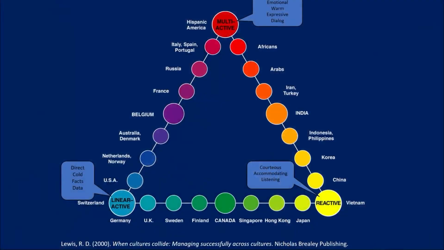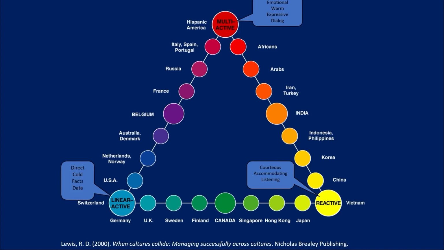Here is an interesting illustration of how different communication styles could be classified based on the cultural background. This triangle here shows the three different communication styles, so-called linear active, multi-active, and reactive, and how these styles map out across different countries.